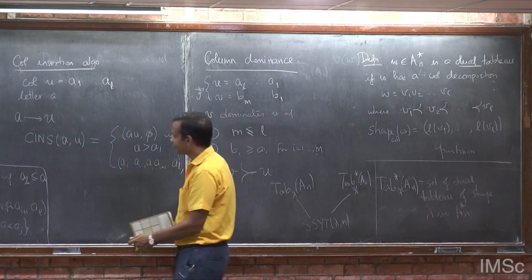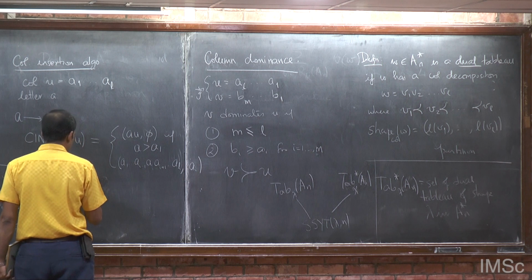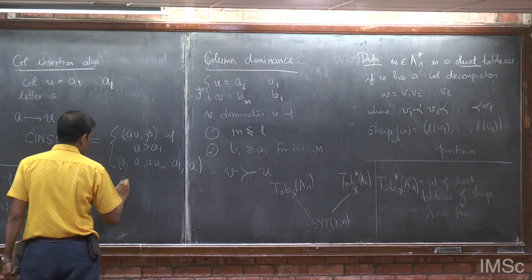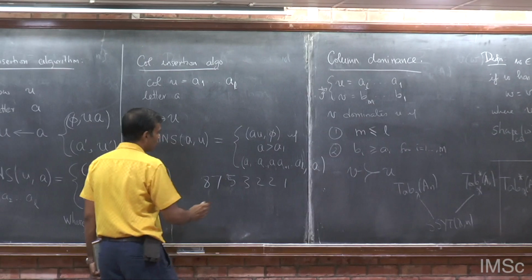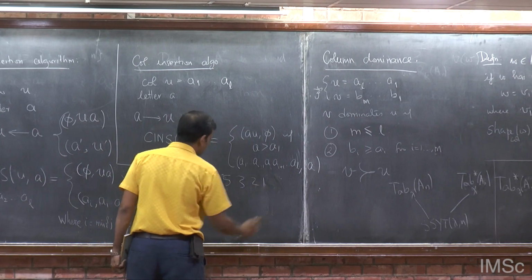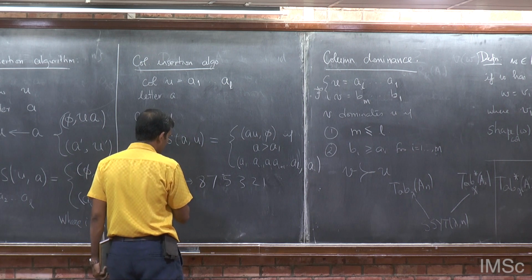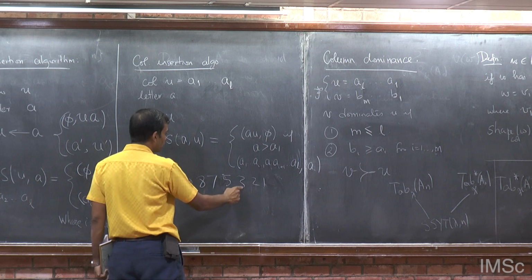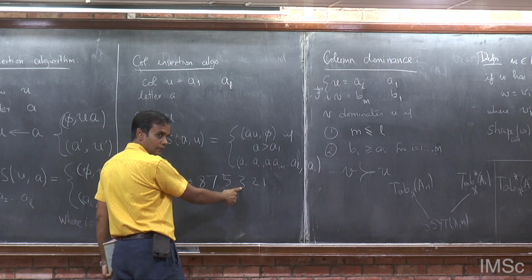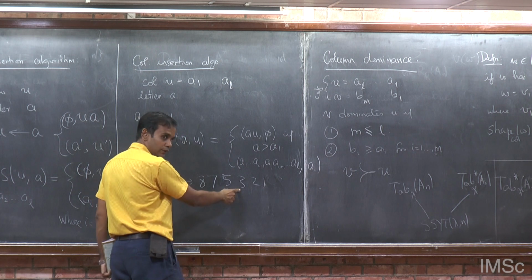So let me just show you an example. Suppose we take 7, 5, 3, 2, 2, 1, it has to be a column, and say I want to column insert a 3. Then it should push out the 3, right. Also if I column insert a 4, that would also push out the 3.